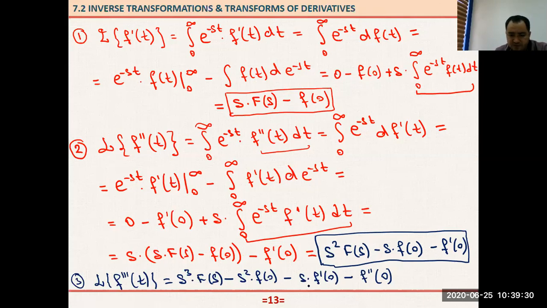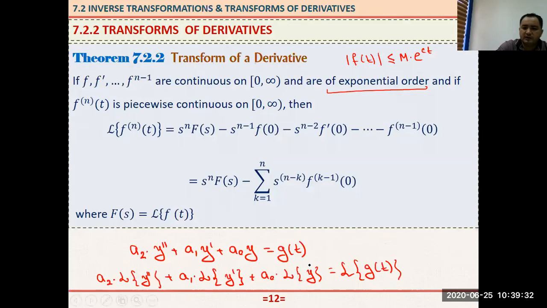And that's why in the theorem, as you see here, when it is n, we have s to the power n first, and after that the degree of s is decreasing: n minus 1, n minus 2, and so on. Also the derivatives start from the 0 order derivative of this function, first order, second order, third order, up to the n minus 1 order, because it is n, right?